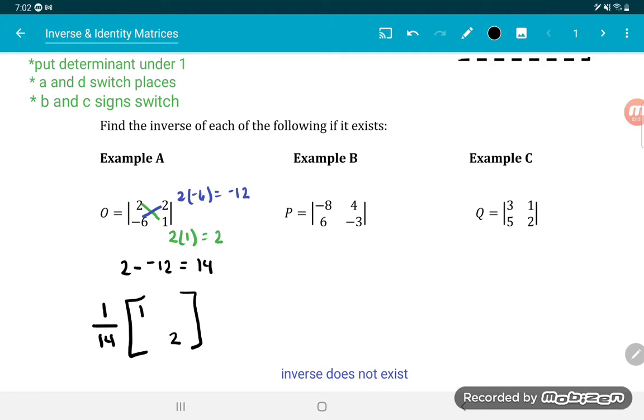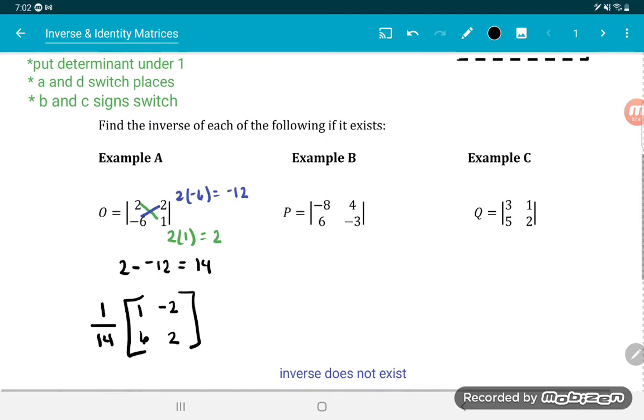It goes in the position of A. Then, instead of 2, it's a negative 2. Instead of negative 6, it turns positive 6. 1 over 14 times matrix 1, negative 2, 6, 2 is your inverse.